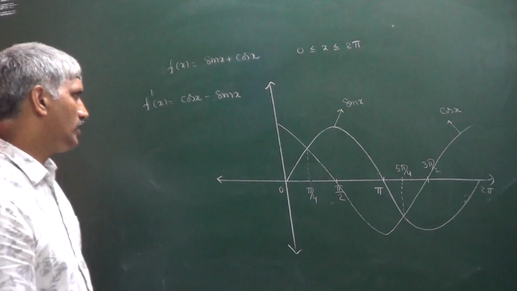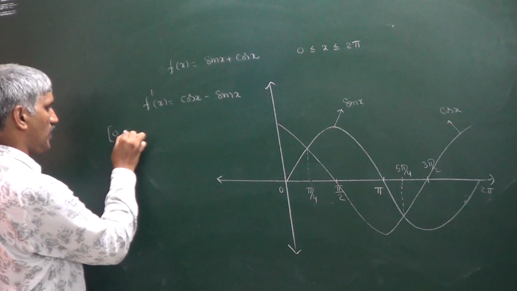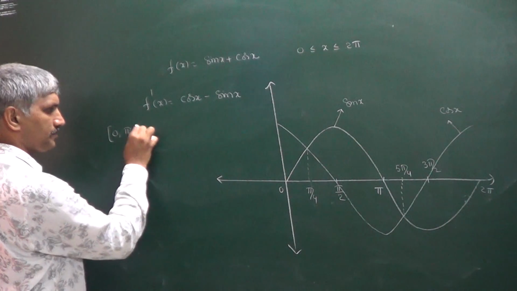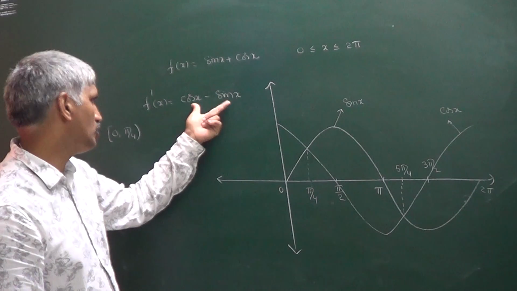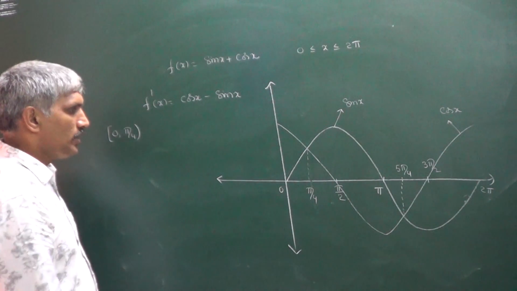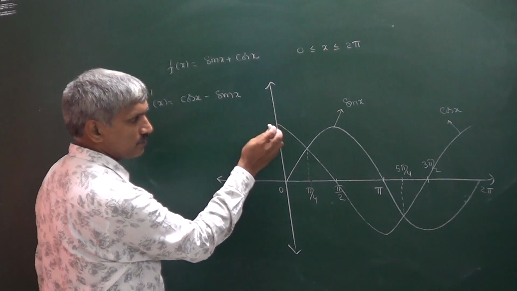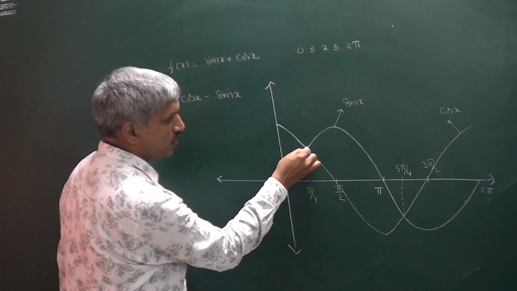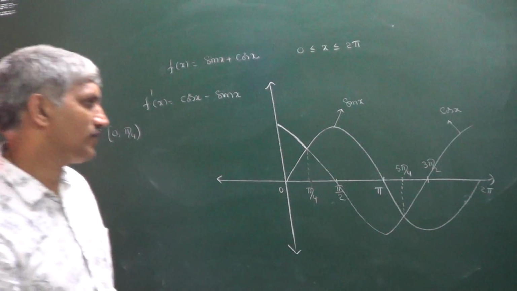Now tell me, in the interval 0 to pi by 4, observe the graph, because at pi by 4 this value is becoming 0, and at 0 you are getting positive only, right? From 0 to pi by 4, the cos graph is dominating. Again, where is the cos graph dominating?